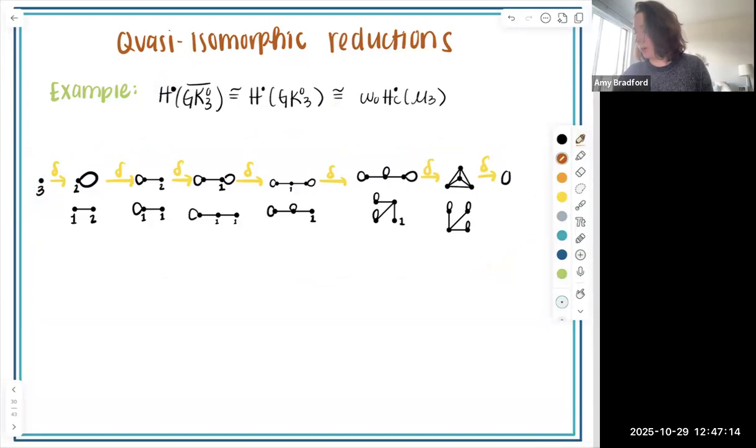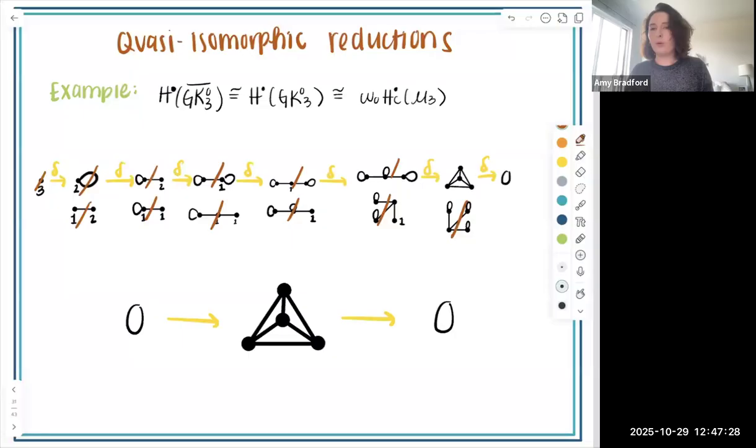So I can just pictorially say anything with a positive genus vertex has to die in this graph complex, and anything with a loop has to die inside of this graph complex. And so only one thing remains when I do that.